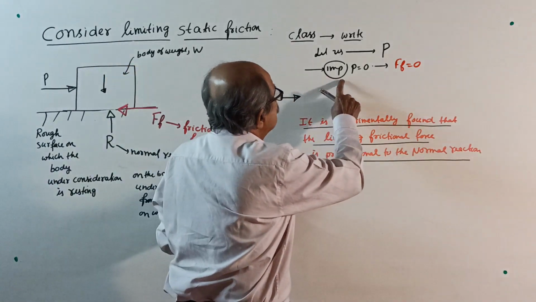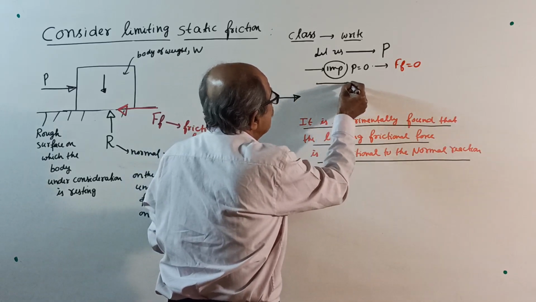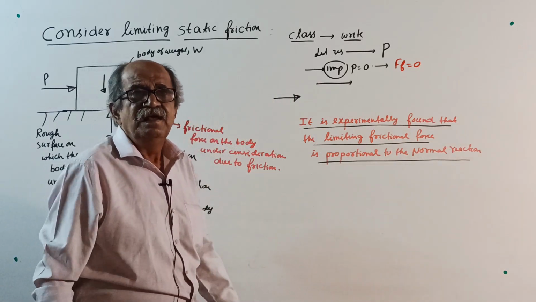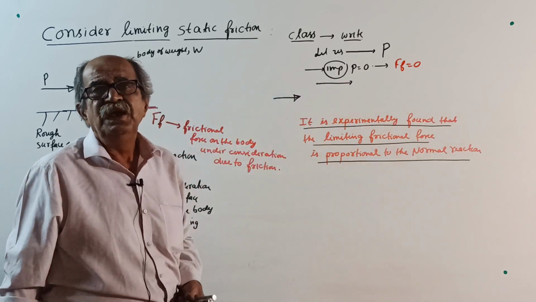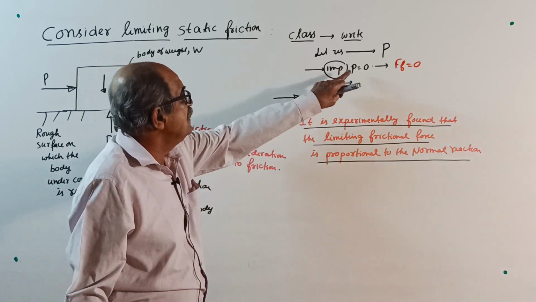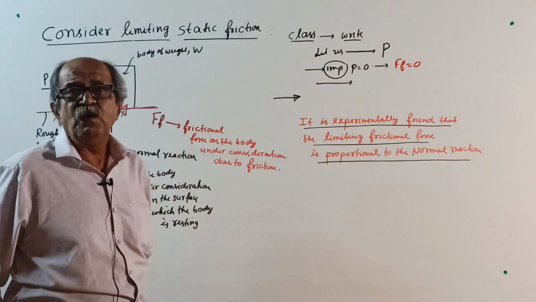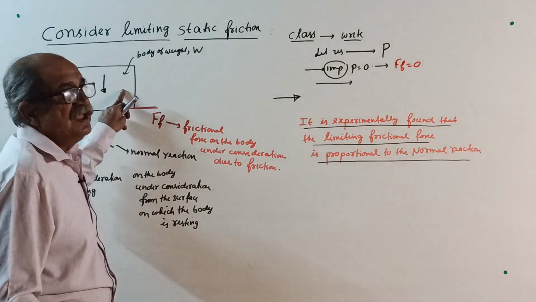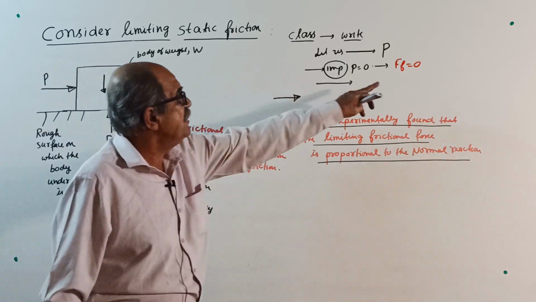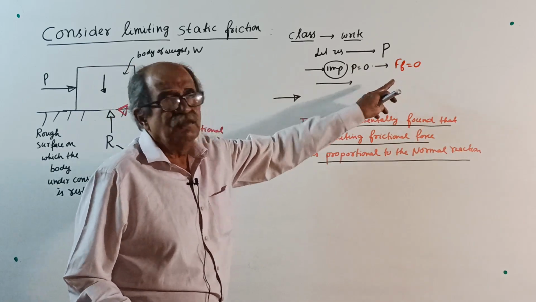As we increase the force P, the frictional force will also increase. Initially, the applied force P may not be sufficient to overcome the friction, so the body will remain at rest, in equilibrium, and every time frictional force will be developed.